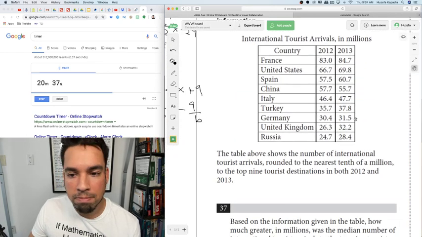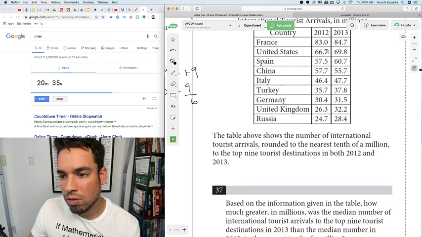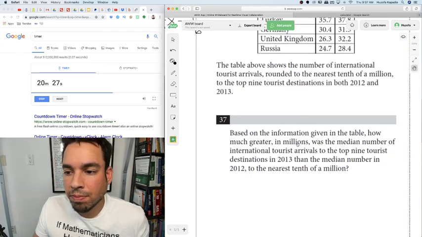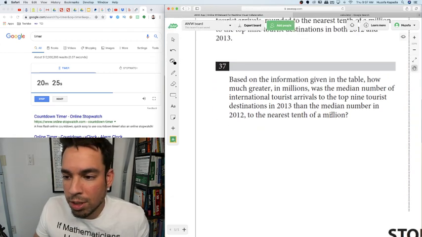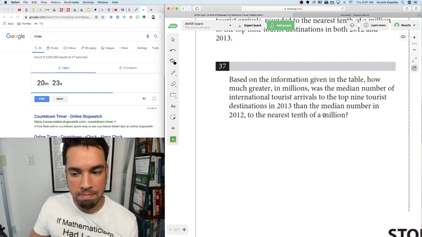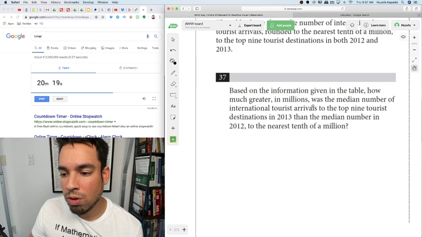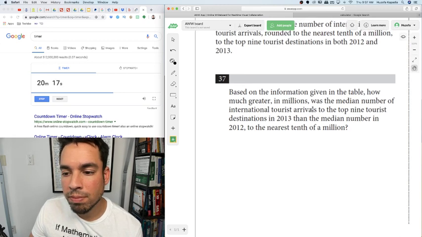International tourists arrive in millions. Round to the nearest tenth of a million. Based on the information given in the table, how much greater in millions was the median number of international tourist arrivals to the top 9 tourists?